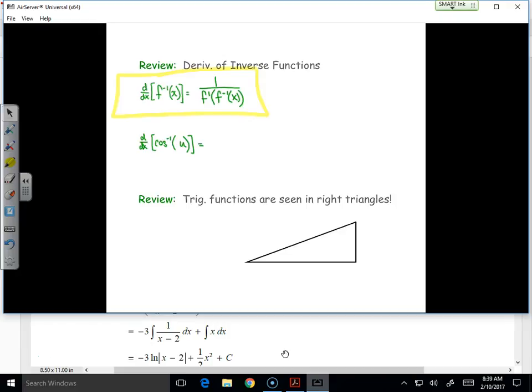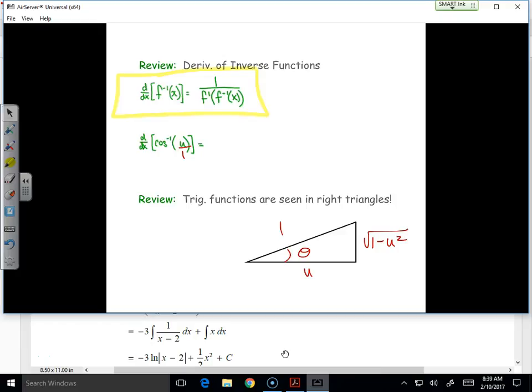Then we figured out how to take the derivative of cosine inverse using a formula. We said cosine inverse is actually like an adjacent over a hypotenuse thing. So we were able to say, you're the adjacent, you're the hypotenuse, and we can plug in a little Pythagorean thing to figure out the other side.